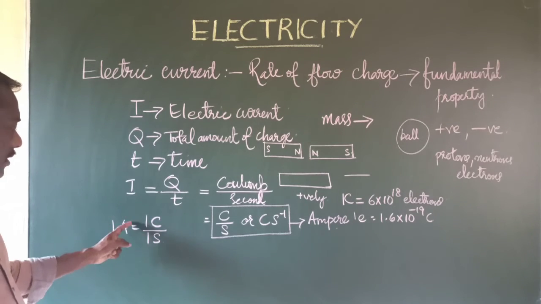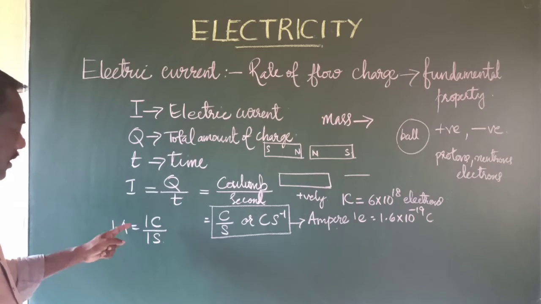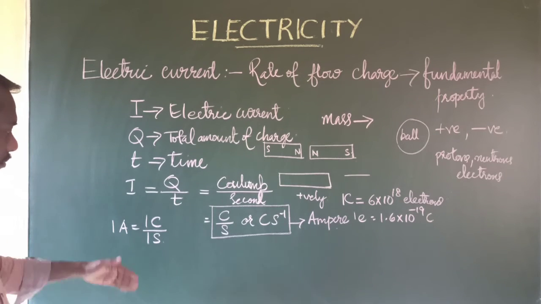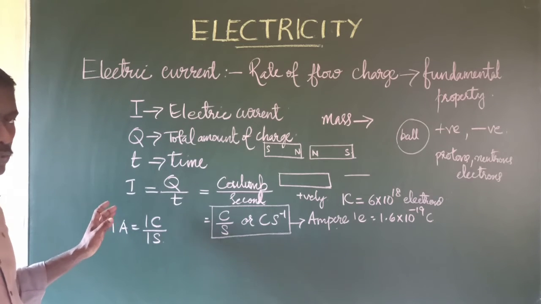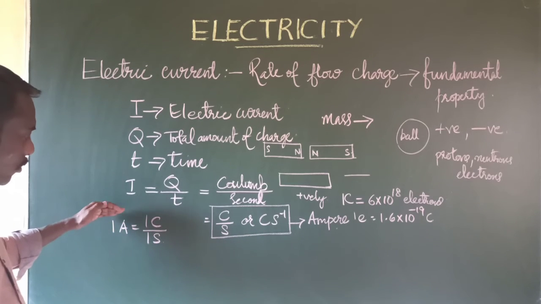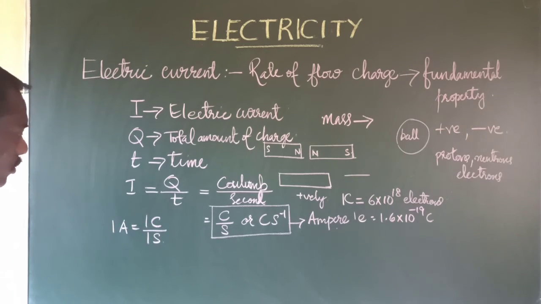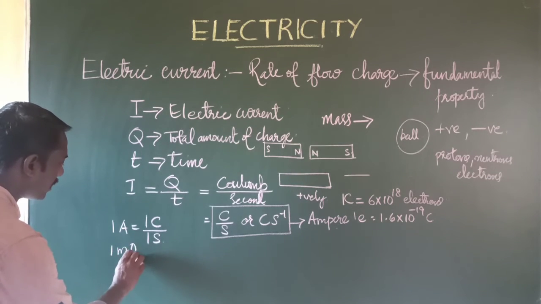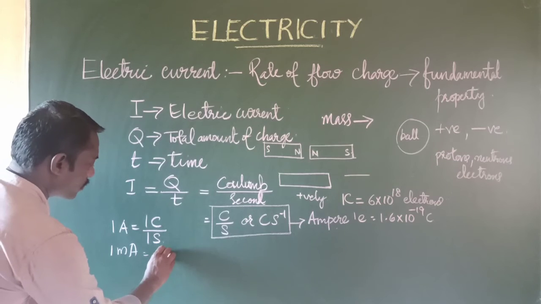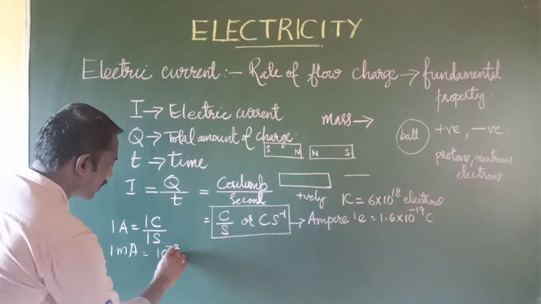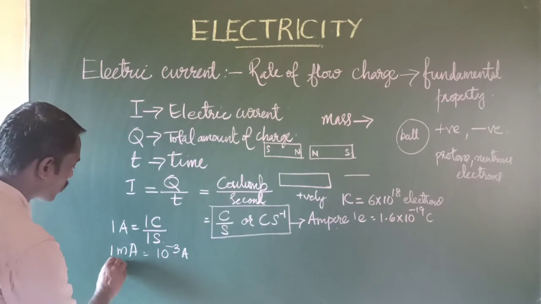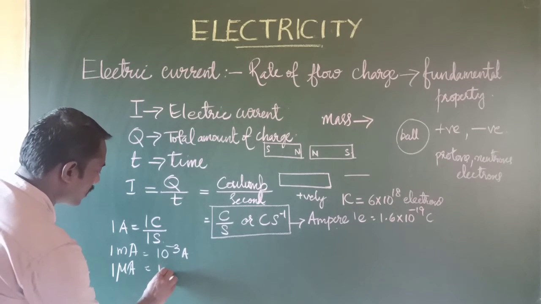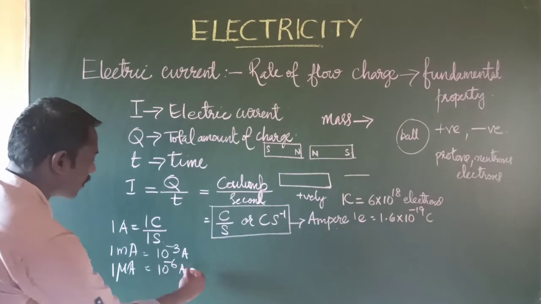So 1 ampere is the SI unit, and it has higher and lower units also. Sometimes when the current to be measured is lower than this, we use a smaller unit: 1 milliampere, which is equal to 10 raised to minus 3 ampere, and also 1 microampere, which is equal to 10 raised to minus 6 ampere.